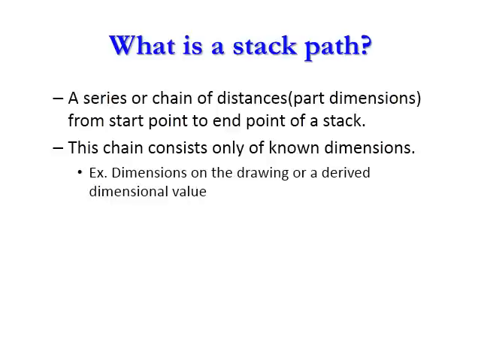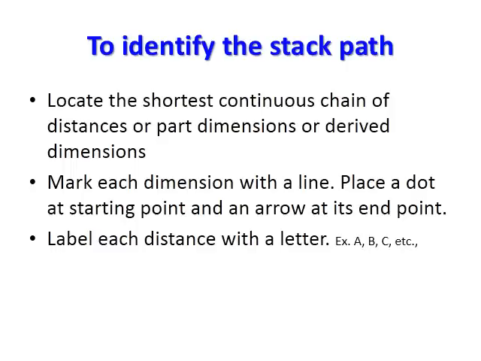Identification of the third step, identification of stack path. What is a stack path? A series or chain of distances, that is path dimensions, from start point to end point of a stack. This chain consists only of known dimensions, either known dimensions on the drawing or a derived dimensional value, that is a calculated dimensional value from the drawing.